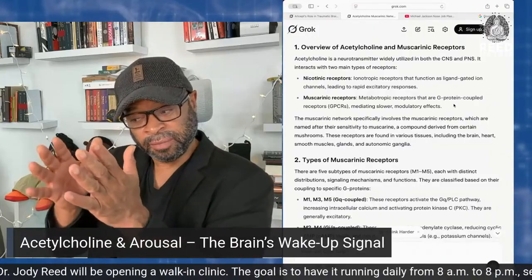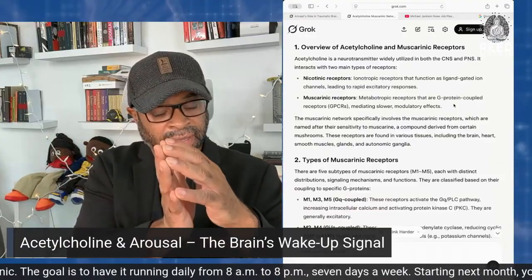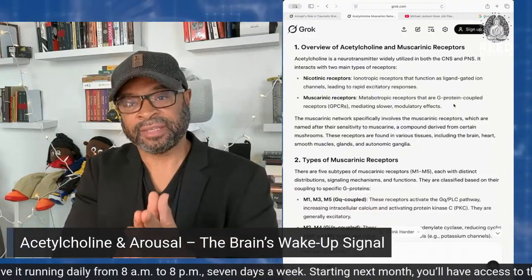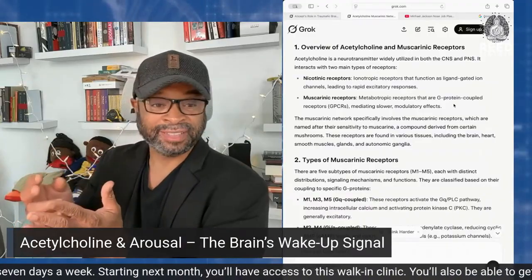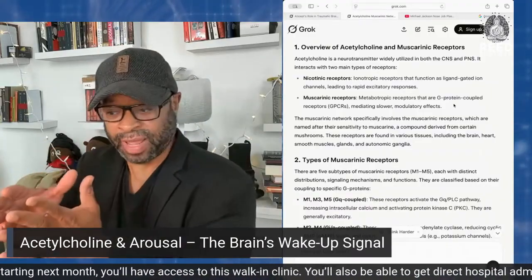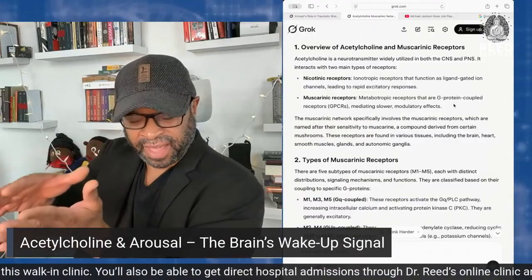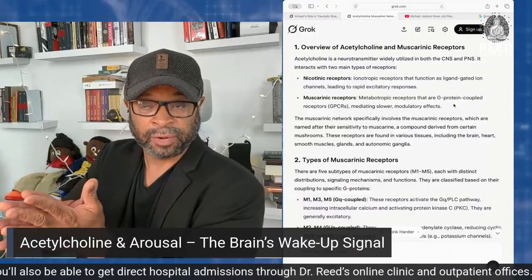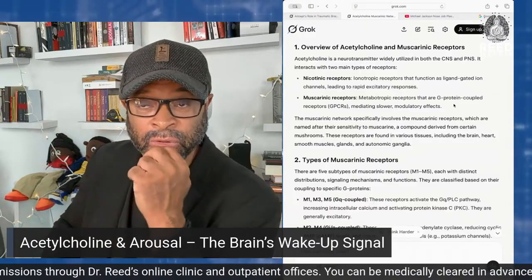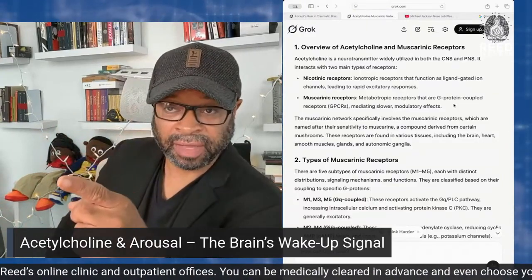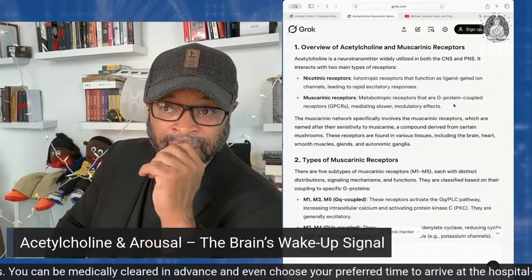You see the receptors that target the gates, and then the receptors that target the G proteins.